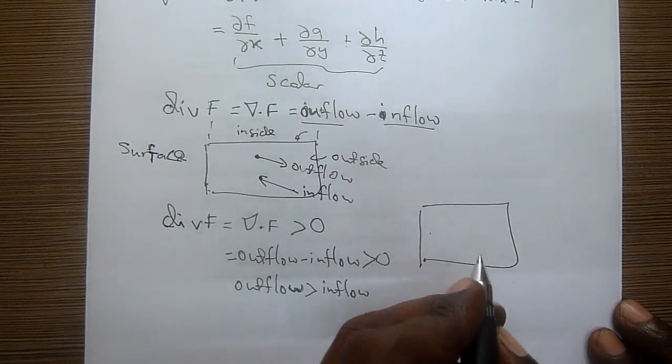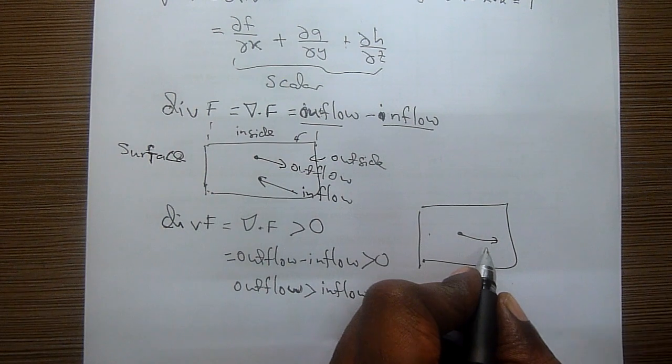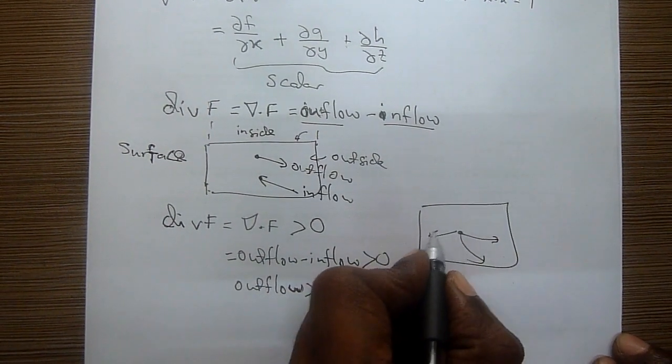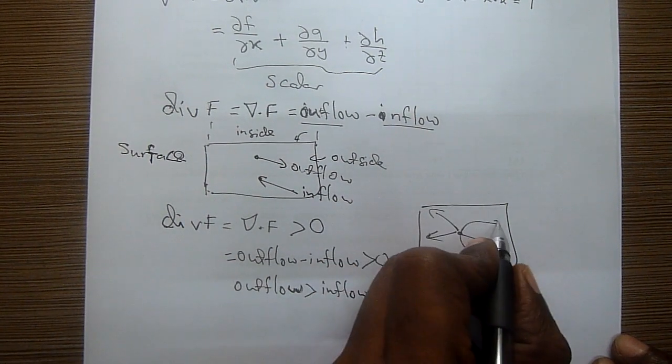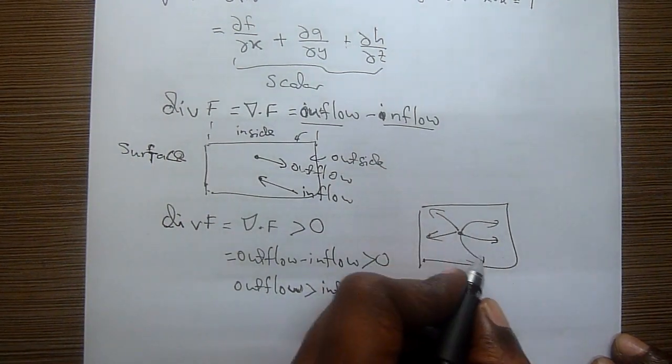Therefore we can sketch these logics like this. The outflow is coming out of any small point, the water coming out from the surface.